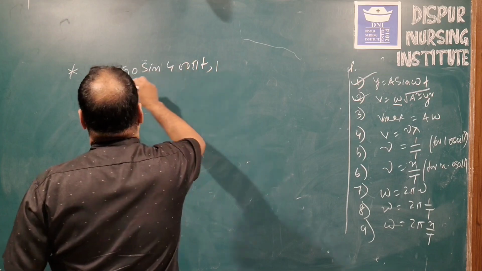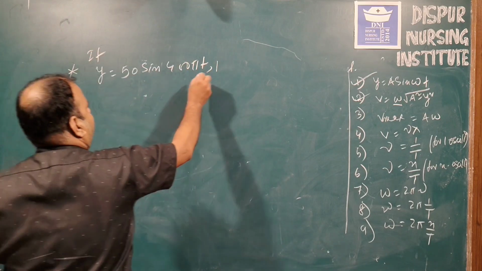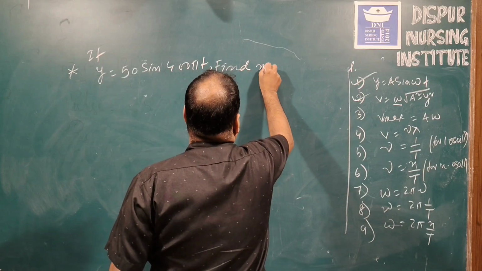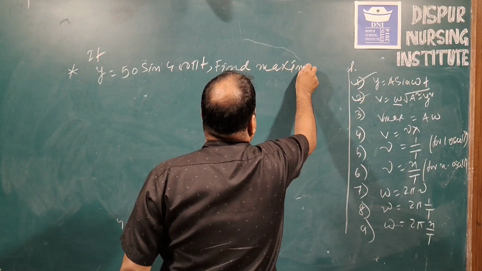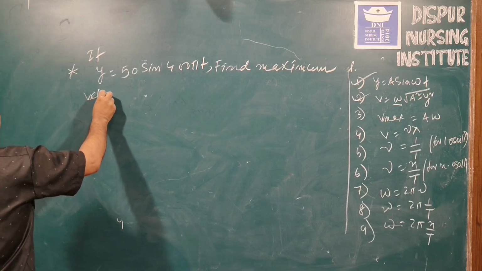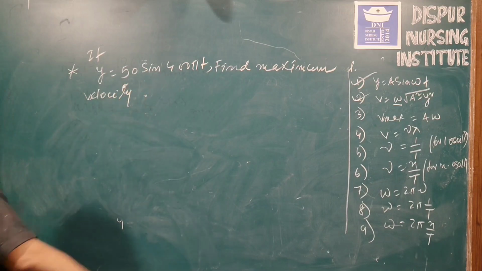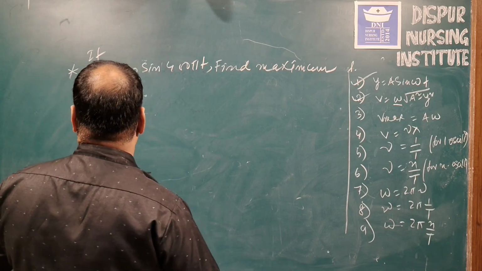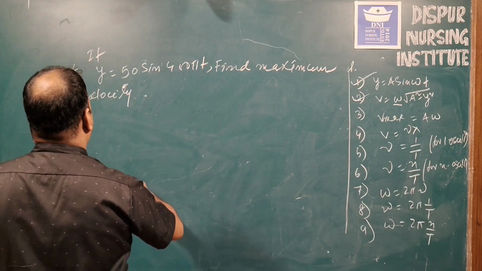Suppose you are asked to find the maximum velocity. That means we have to calculate the value of maximum velocity from the given relation.